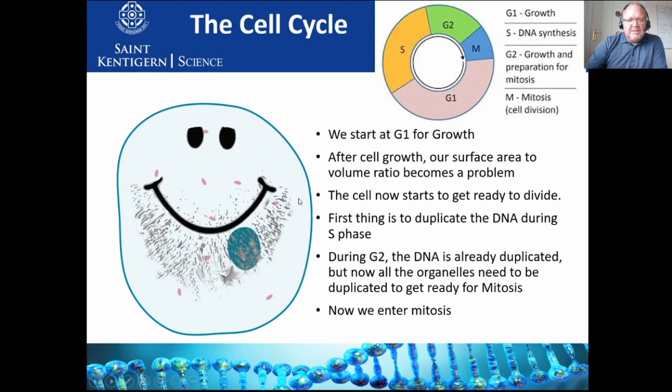Does that make sense? So that is why during growth our cells will basically divide, and then as they grow again they will divide again, and so on and so on, and that is how we grow. So when we get to this point, we're at the end of G1. Now the cell goes into S phase. Okay, and the S phase is where we have DNA replication.